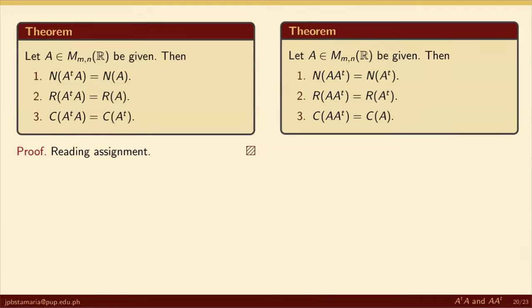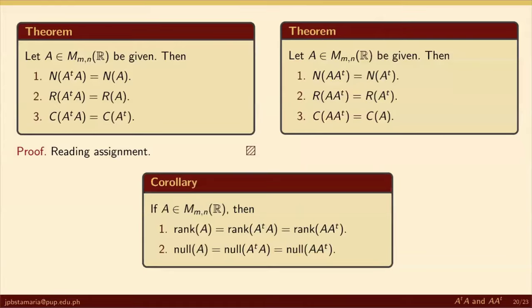The row space of A A transpose is the row space of A transpose. While the column space of A A transpose is the column space of A. Remember, A is being replaced by what? A transpose. You know what we have as a corollary? These are the corollaries.